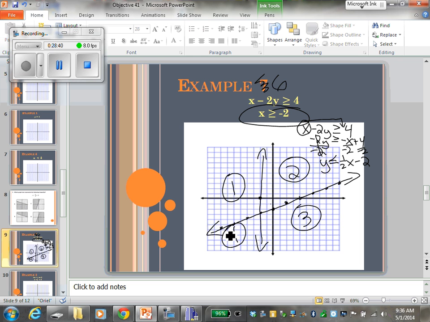Everybody agree? 1 and 2 is off. This says that x is greater. So tell me, where's greater? 3. So how can I be underneath this line and greater than that line? Where would I shade?